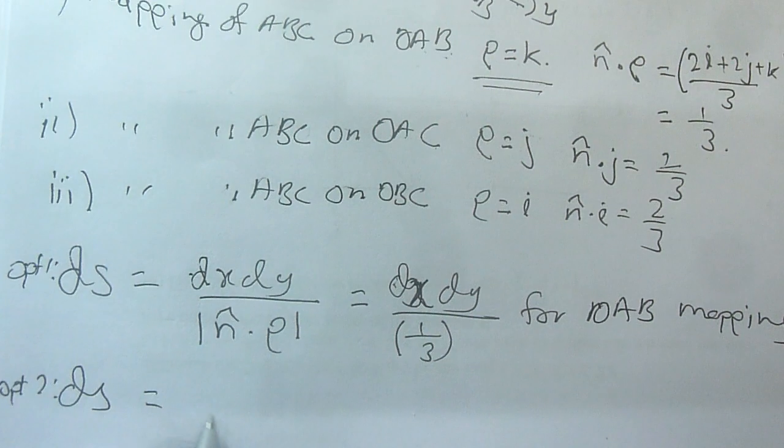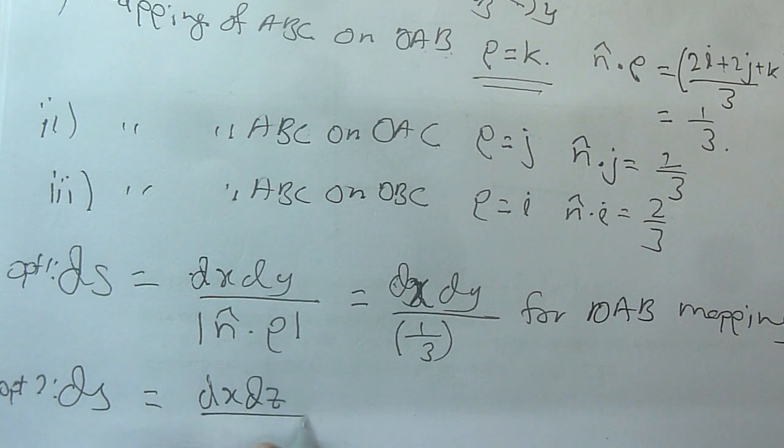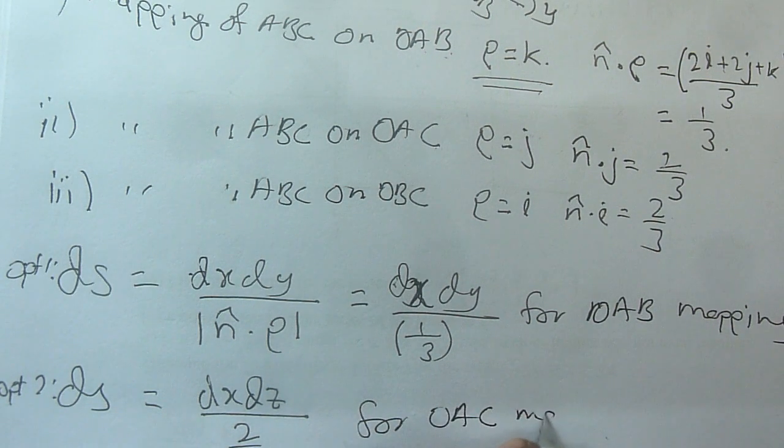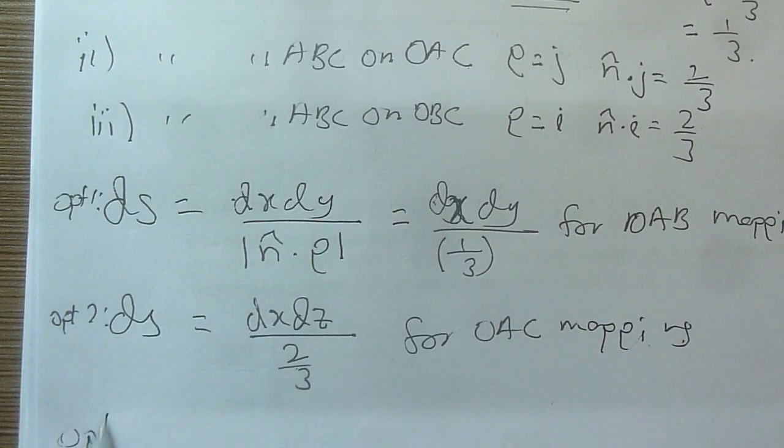That means this will be DX DZ, divided by N dot rho. If you map on that, it's a 2/3 for what? OAC mapping. Okay, you can choose any one of this. Okay, I'm showing this option 3.